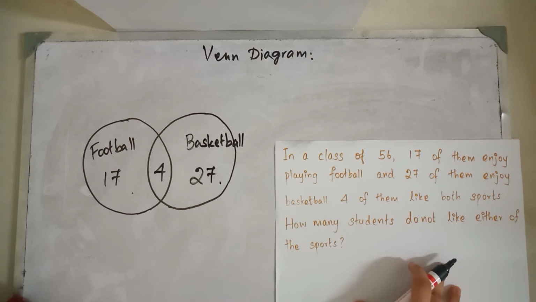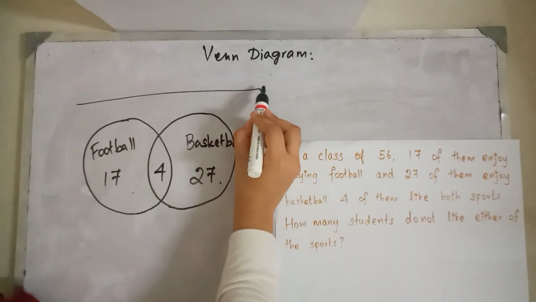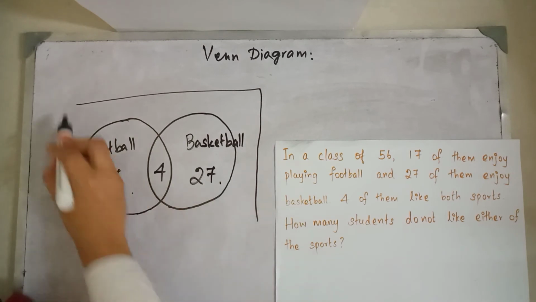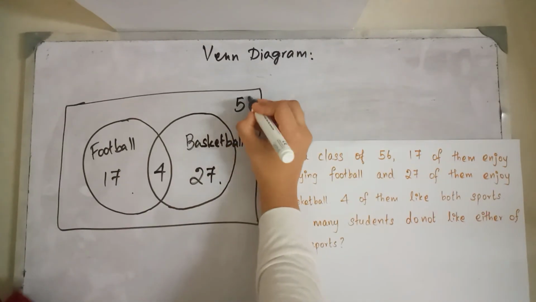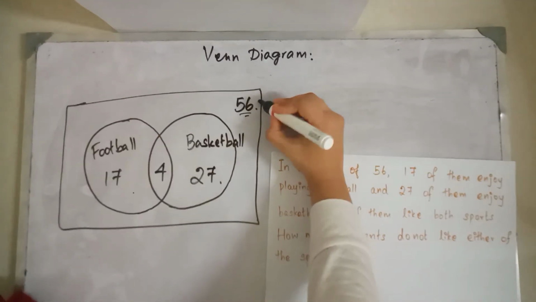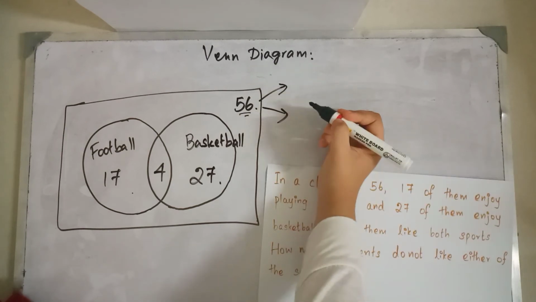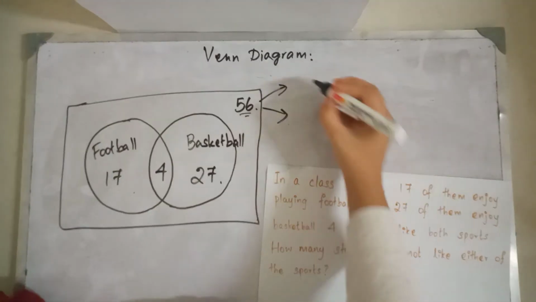The question wants you to find out how many students do not like either of the sports. And we notice that there are 56 of them in the class. So the total is 56. Now this 56 includes those who like either sports and those who do not like any sports.